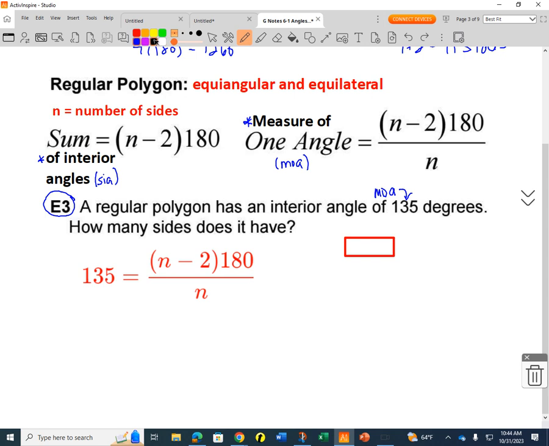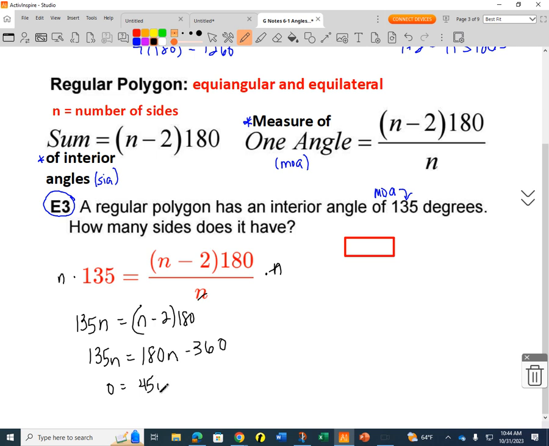I'm going to multiply both sides by n to cancel those out. That's 135 times n equals n minus 2 times 180. And I'm going to distribute. I'm going to get my variables on the same side by subtracting 135n from both sides. Now I'm going to move my 360.